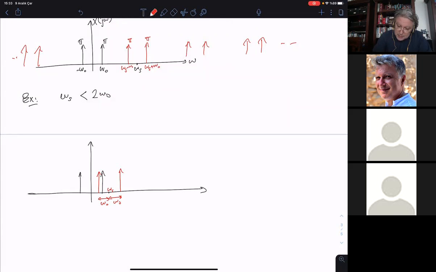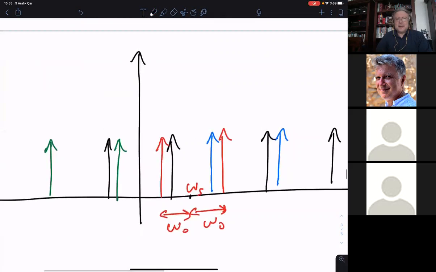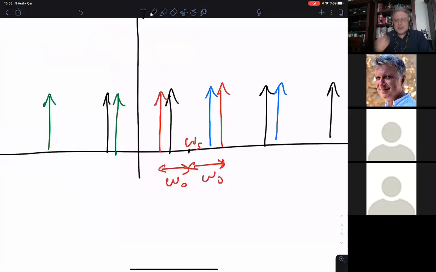And clearly, there will be another replica from the left-hand side, like this and this. And of course, there will be other replicas like this and this. So the situation is a little bit awkward, as you can see. Something bad is happening here. If you focus here, this point is omega s, and half of that omega s is here.